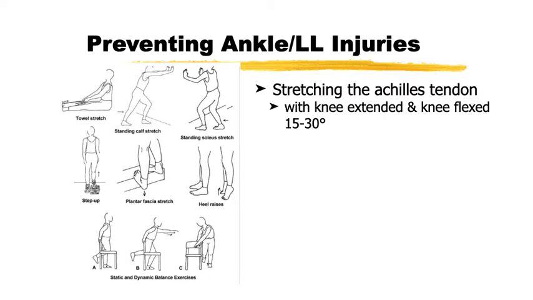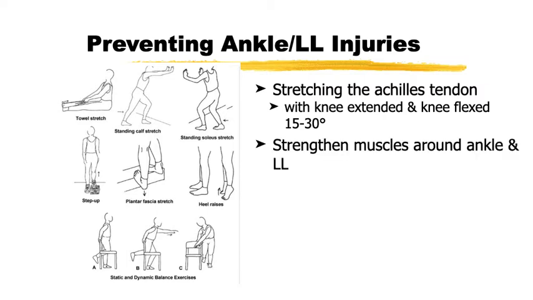On the pictures on the left-hand side, we have the common Achilles tendon stretches: the towel stretch, the standing calf stretch, and then the standing soleus stretch, which is the one I'm talking about with the knee flexed 15 to 30 degrees, because that isolates the soleus muscle in the gastrocnemius soleus compartment.